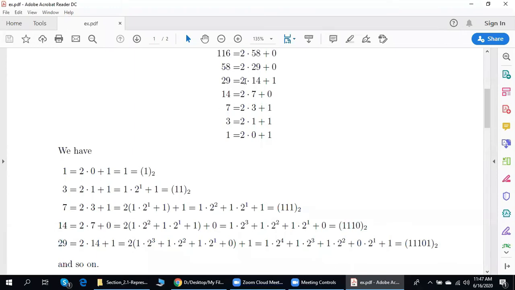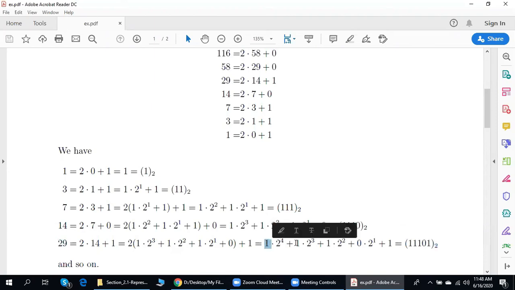29, according to this, is 2 times 14 plus 1. So replace 14, which is over here, by this. Done. Expand parentheses, which gives us the following. 29 base 10 is 1, 1, 1, 0, 1 base 2.